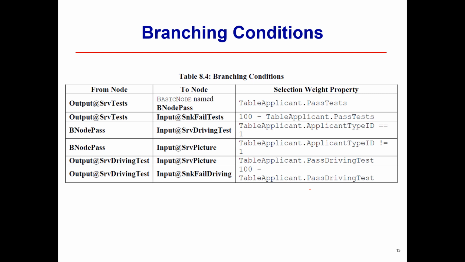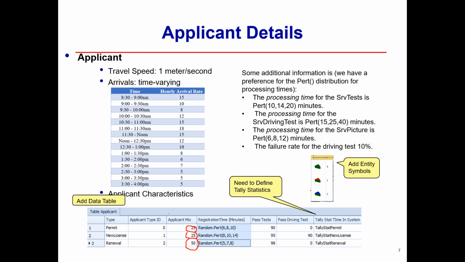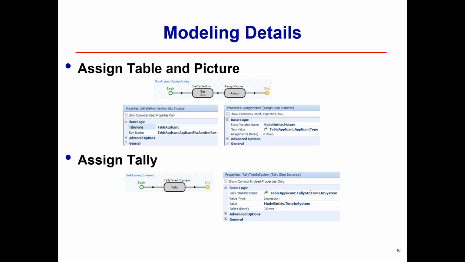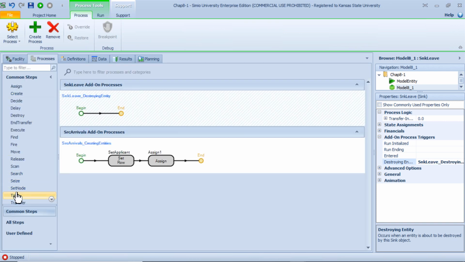Talking about branching condition. And also for the leaving portion, I need to set up a tally for that. Here I'm going to set up a tally. When the add-on process happens, when destroying the entity, I'm going to add a tally.